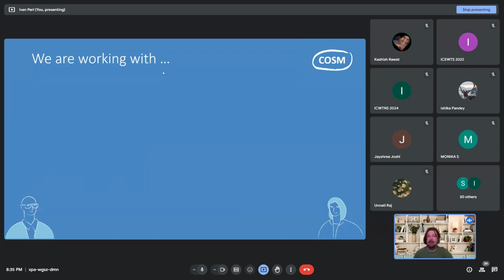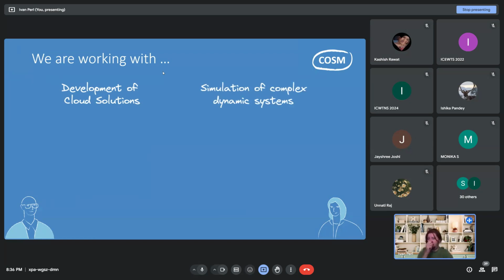Currently, we have 2 main areas where we apply our efforts. The first one is the development of cloud solutions. Largely, about 60–70% of what we are doing is the development of cloud solutions. The second part of our activities is the simulation of complex dynamic systems. We work a lot on this, and our main instrument is system dynamics. Our team is an active member of the international system dynamics community, and we frequently participate in their international conferences. Our team is a member of 2 committees in this community.